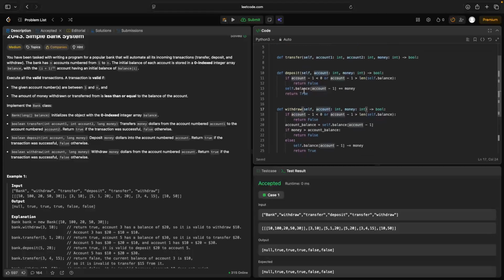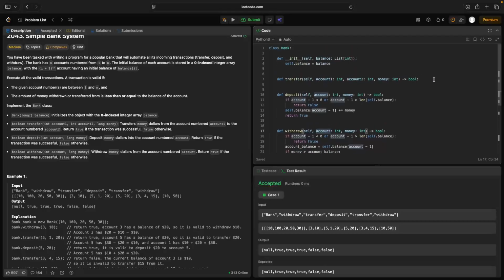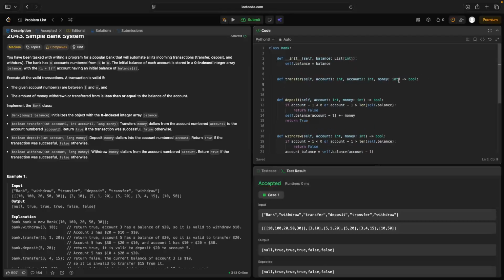Okay, so now that we have deposit and withdrawal, then we can look at transfer. So in this case, we're transferring the money from the account numbered account 1 to the account numbered account 2. That means that first we can check both account 1 and account 2 indices are between 1 and n.